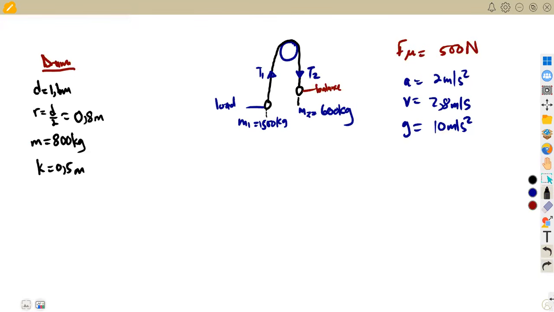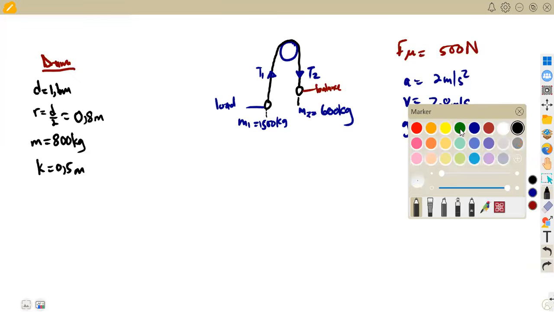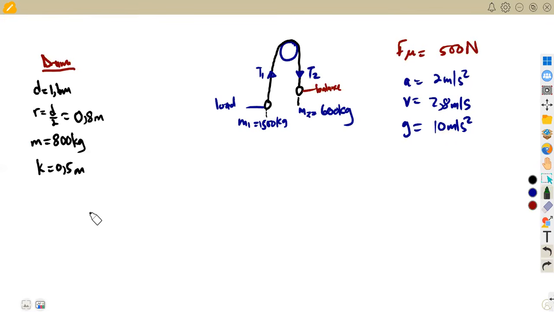I also explained the formulas that you are supposed to apply in this case. So T1, which is the one going up, the formula is M1 times gravitational acceleration, plus M1 times acceleration, plus the frictional resistance.